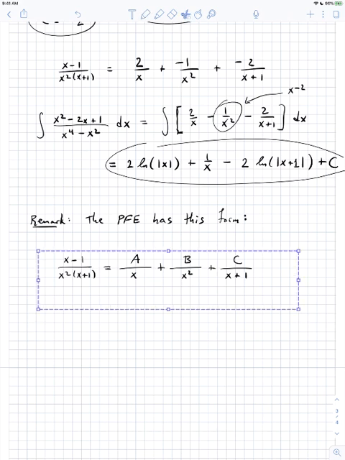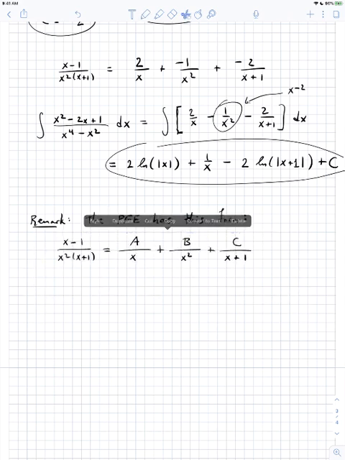You might look at that and think, well, how come we're using this x and x squared here? Because this has an x squared. You might think, well, since that's quadratic, shouldn't we use one quadratic term in the denominator and a degree 1 polynomial above it?